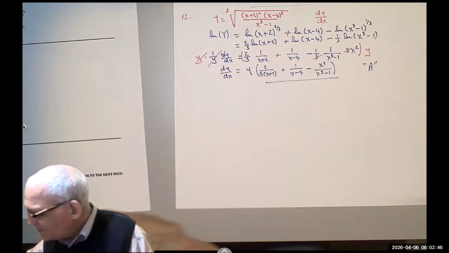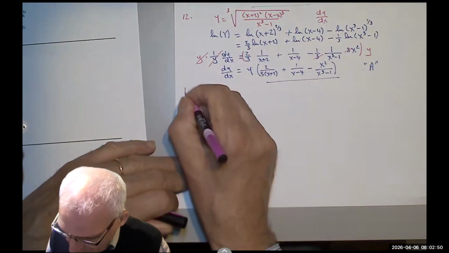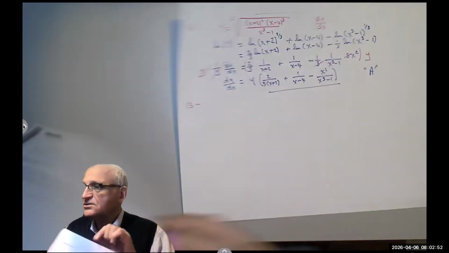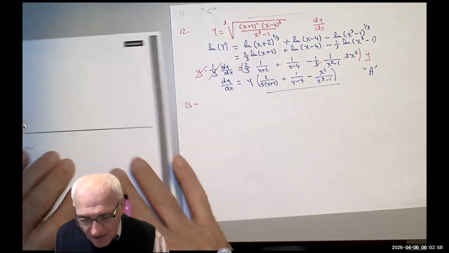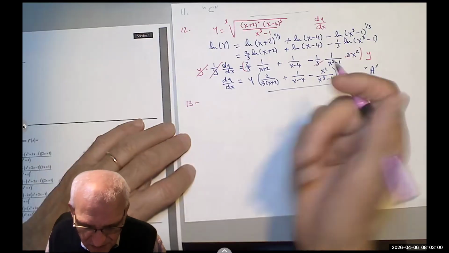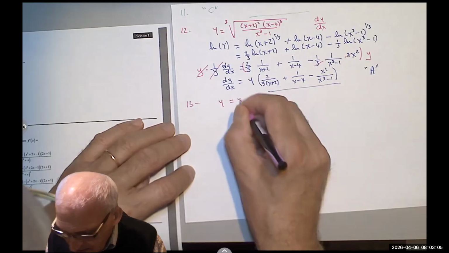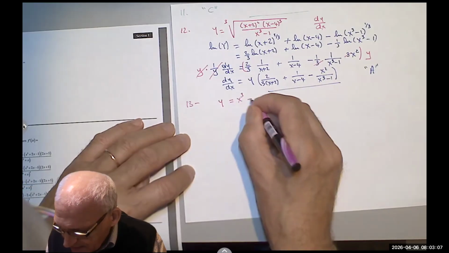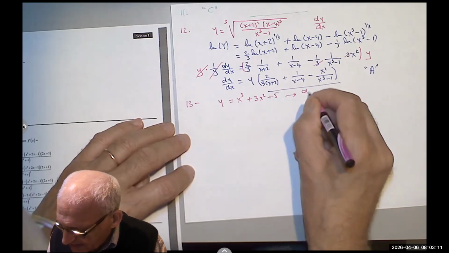Let's move to number 13. It's a new page. Number 13 and 14 are on a single page. Number 13, oh, that's child's play. y equals x cubed plus 3x squared plus 5, and you want dy/dx.